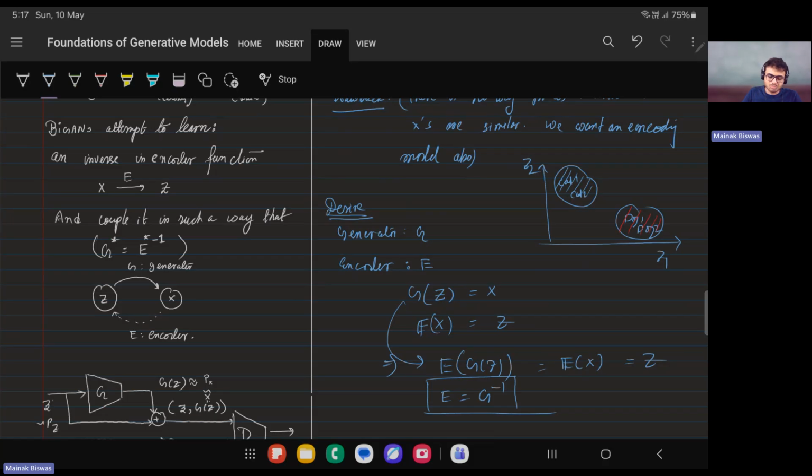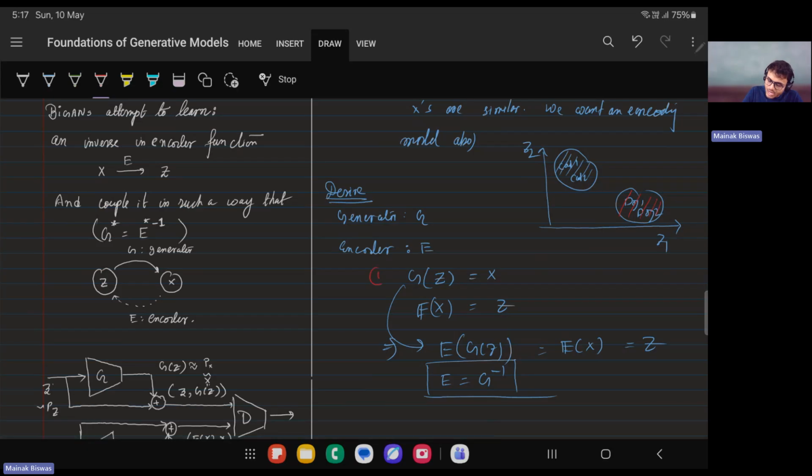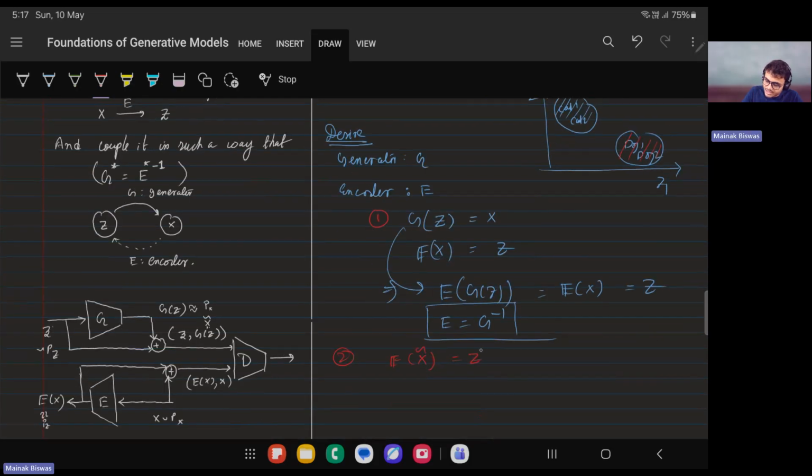And I'll just show you the architecture of how you do it. Similarly, this is way one, and the other way I would also want is that the encoder value of a particular X is equal to Z tilde.